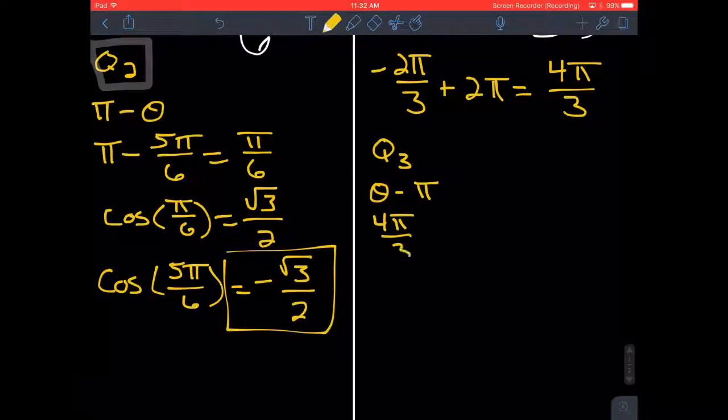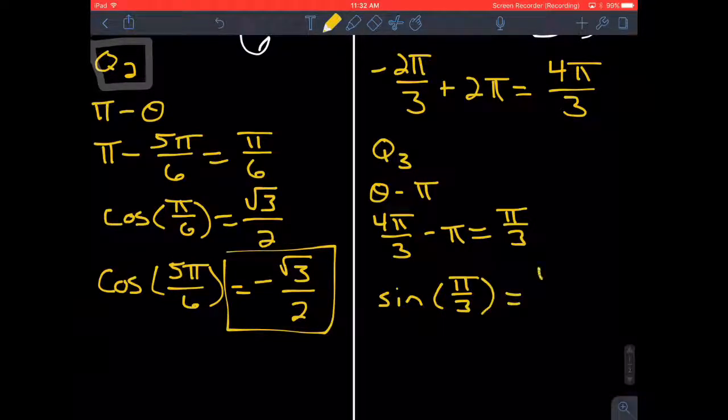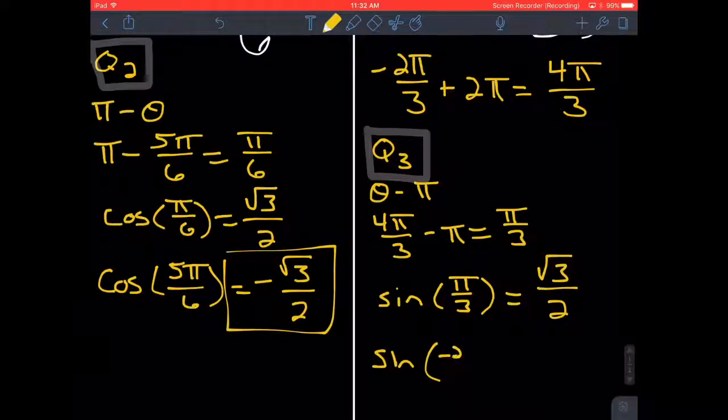So I will take my 4 pi over 3, I will subtract pi from that, and that is going to give me a reference angle of pi over 3. So, sine of negative 2 pi over 3 is about the same as the sine of pi over 3, which is equal to root 3 over 2 or negative root 3 over 2. Which one? We'll look at the quadrant again, and since we are in the third quadrant and sine is negative there, that means that the sine of negative 2 pi over 3 is equal to the negative square root of 3 over 2.